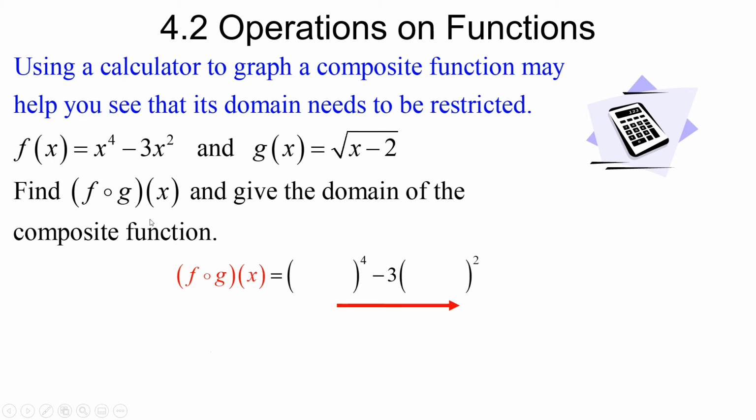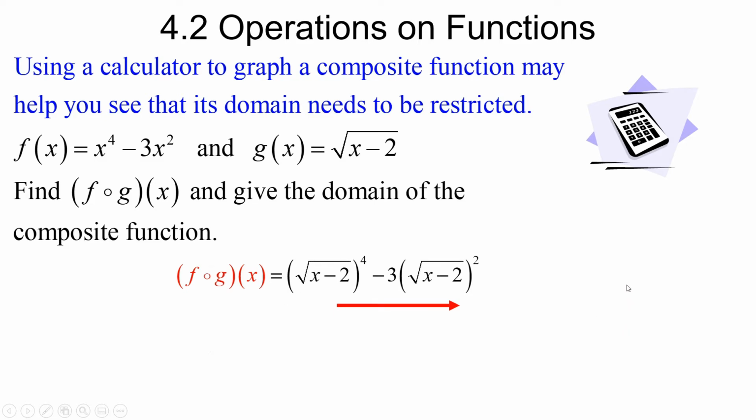Instead of inputs x, I just put a parenthesis wherever I see an x. So this is x to the fourth minus 3x squared. But now we're talking f of g of x. So instead of the input x, I have the input g of x, which is root x minus 2. So in each of these parentheses, I'm just going to put a radical x minus 2.